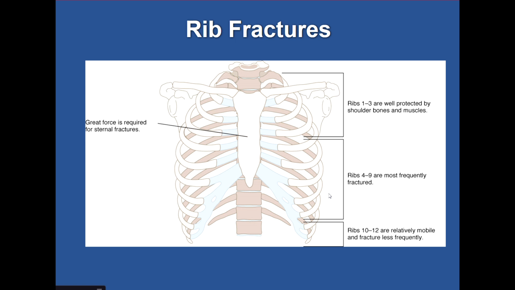And then our ribs 10 to 12 are more of our floating ribs. They tend to have a lot more flexibility, and they're more pliable because they have all this cartilage that attaches them, and they're a little bit more distant from the sternum, so they tend to just flex a little bit more.